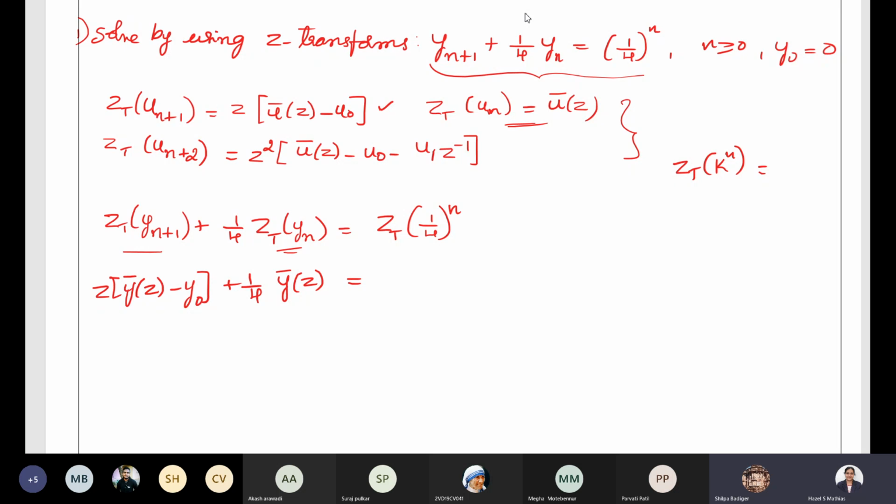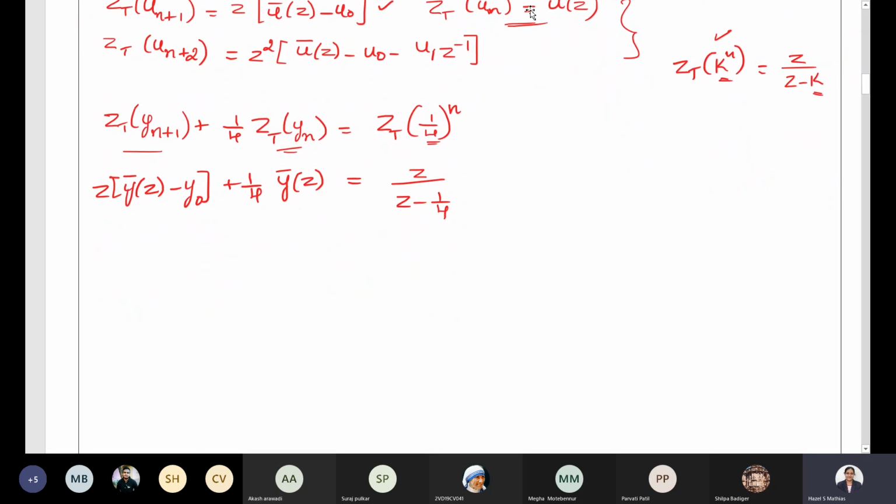It is z by z minus k. Here, in place of k we have 1/4. So the Z transform of (1/4)^n is z divided by z minus 1/4, since k is 1/4. So this is what we get.